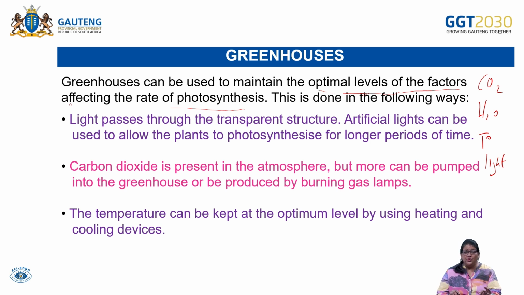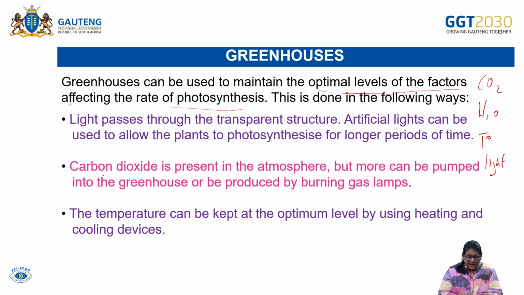Especially in winter when the days are shorter, the farmers will use certain lamps, right? These fluorescent lamps give off a lot of light, so that the light burns longer, so that photosynthesis can occur at least till 8 p.m. So there's more photosynthesis, more production of plant and food crops.